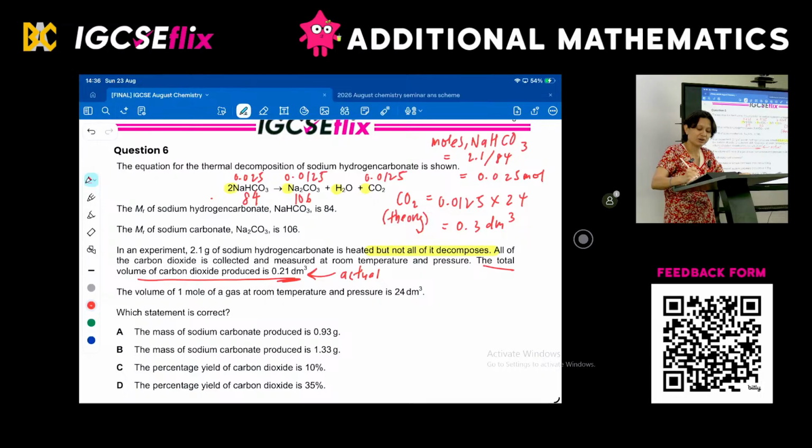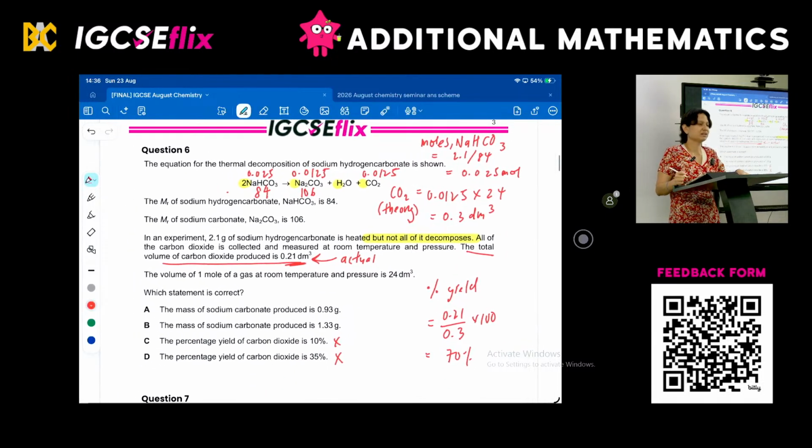No, I only got 0.21. So my percentage yield is 0.21 over 0.3, so this is 70%. So this is wrong. Get it? Can see or not?